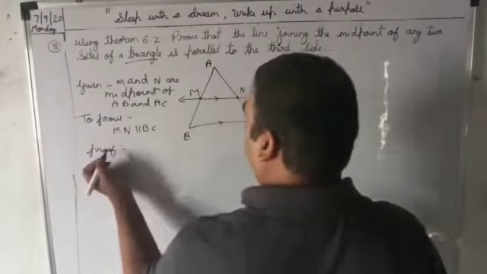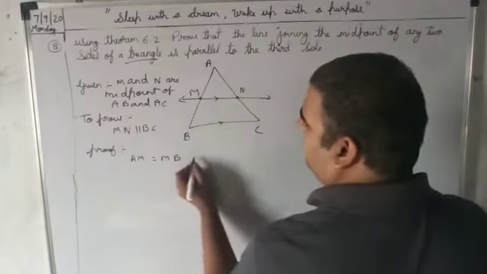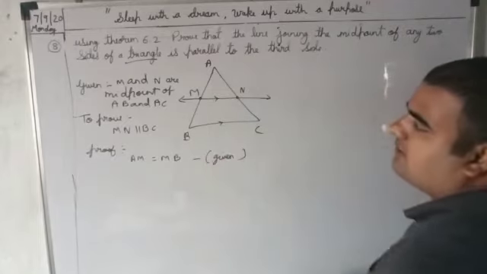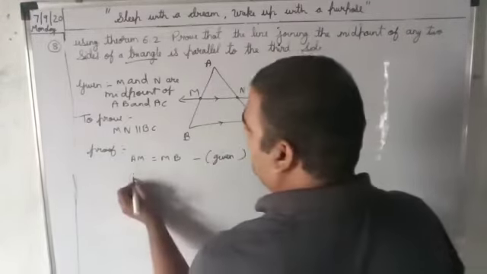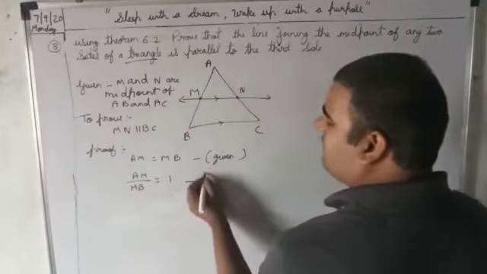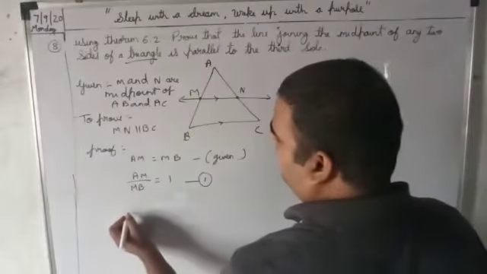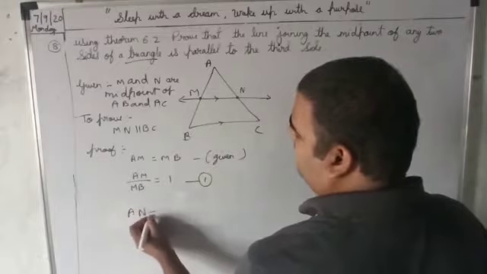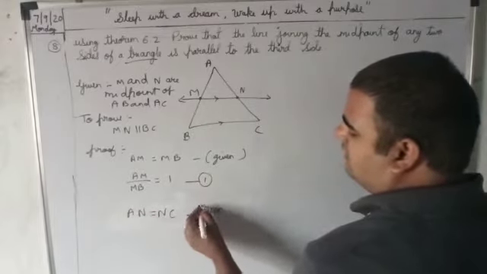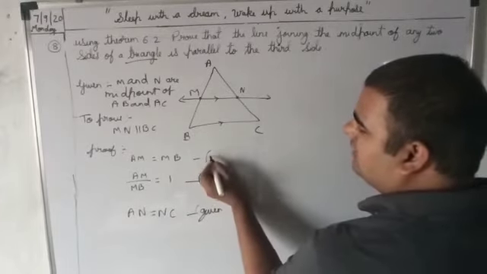So now in proof, it's very simple. We know AM equals MB. Reason: M is a midpoint. So can I say AM upon MB equals 1? First equation. Then next one, AN equals NC. Instead of given, we will write it is midpoint. That will be better.